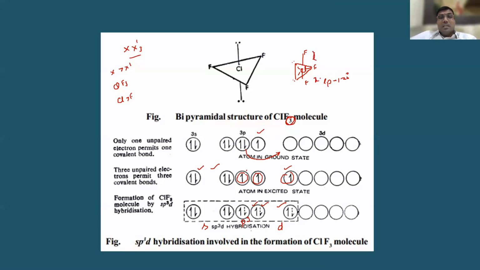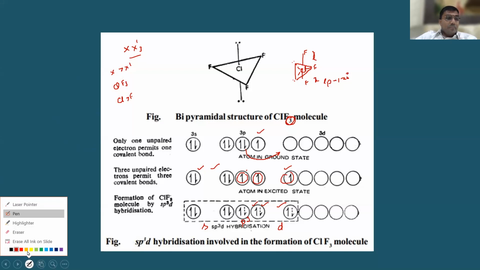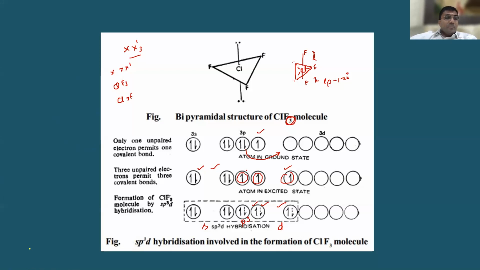For example, if I keep these in the other way, let us see here, I'm drawing. Let us take a trigonal bipyramidal geometry. Now I'm making an attempt to keep the lone pairs here, 1 and 2.